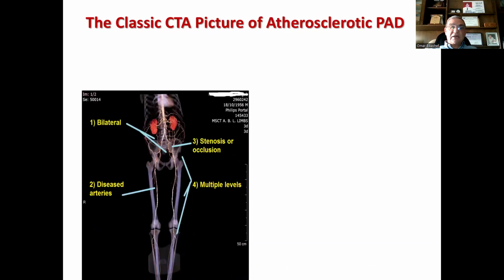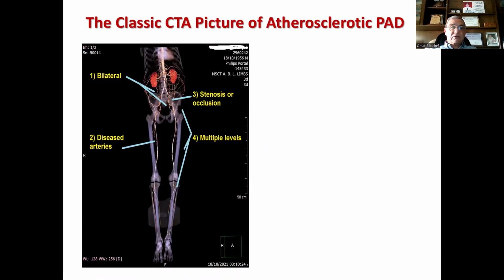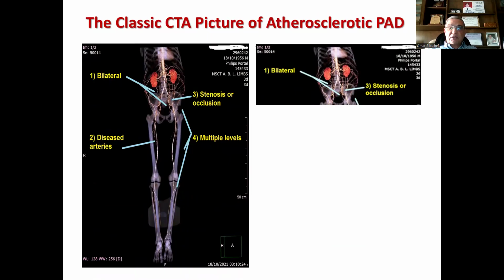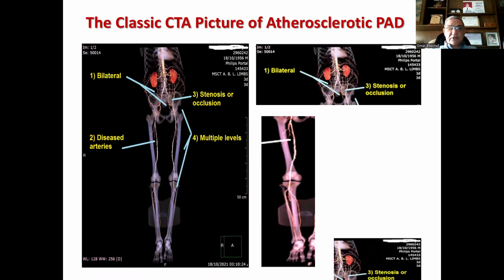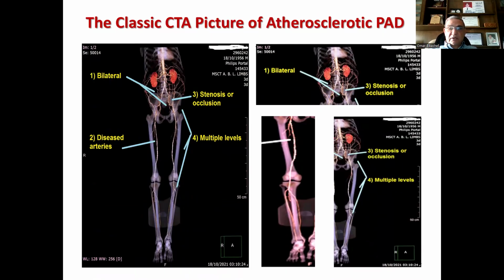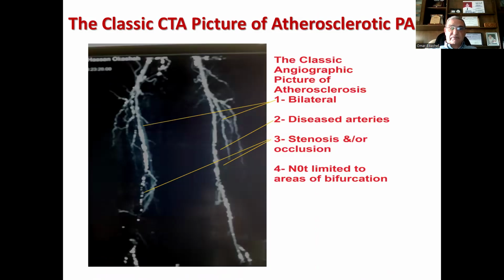So the classical CTA picture of atherosclerosis, as we see, is bilateral diseased arteries, stenosis or occlusion, and multiple levels. Here also there is bilaterality, the same stenosis and occlusion, diseased arteries, and multiple levels.